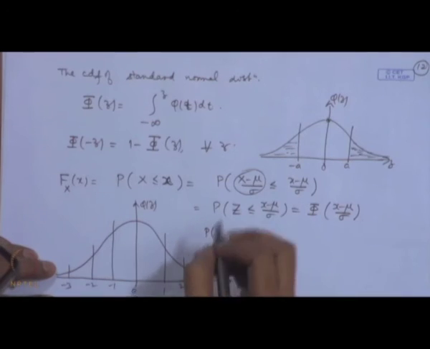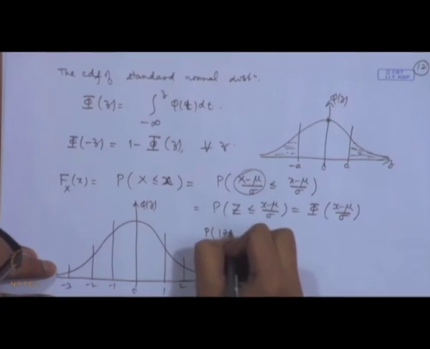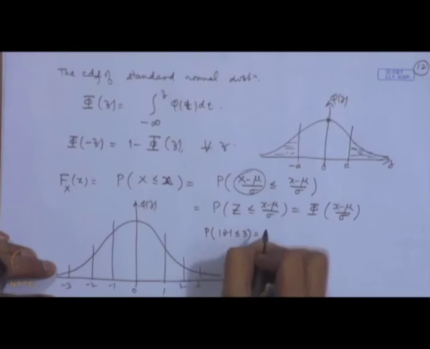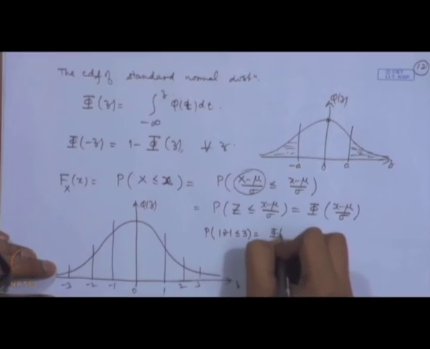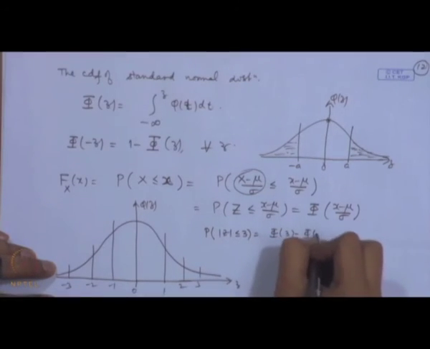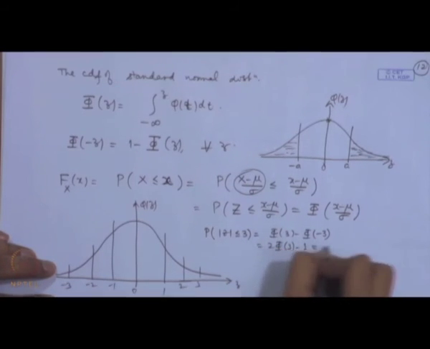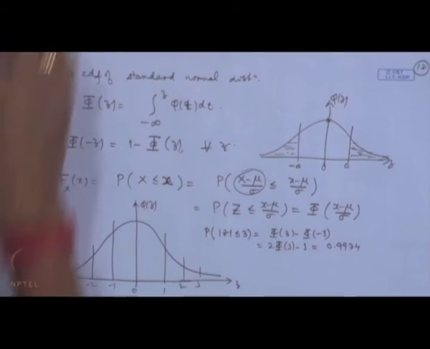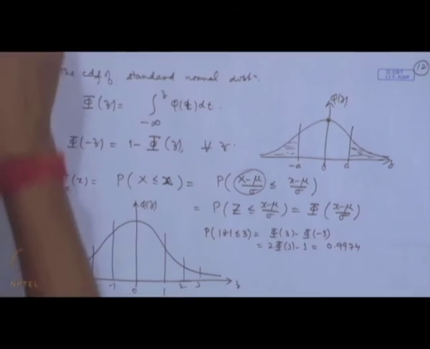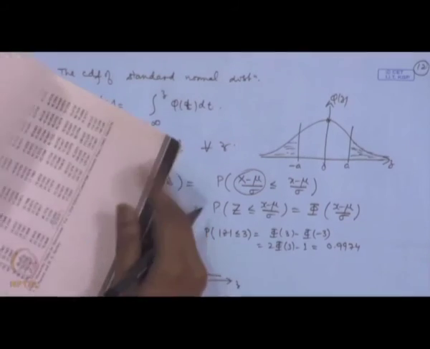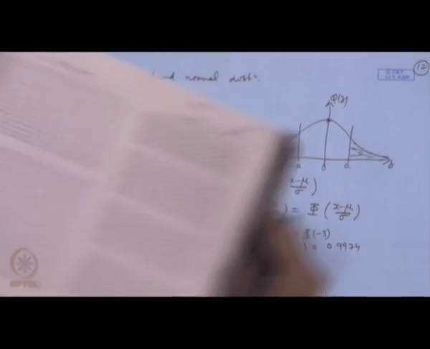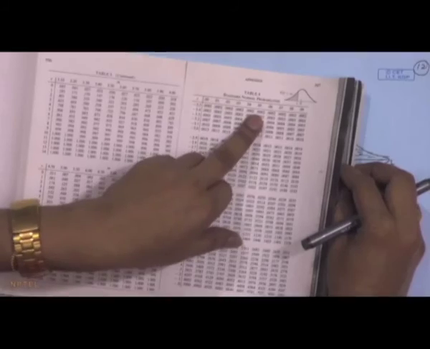What is the probability of modulus z less than or equal to 3? That is equal to phi of 3 minus phi of minus 3, that is twice phi of 3 minus 1, that is equal to 0.9974. Because if you look at phi of 3, then from the tables of the normal distribution I will demonstrate here. This is the table of standard normal distribution.